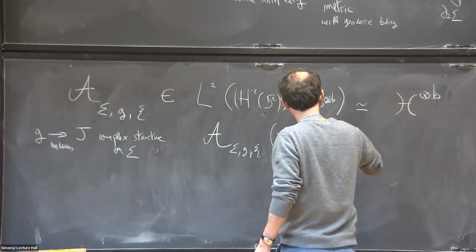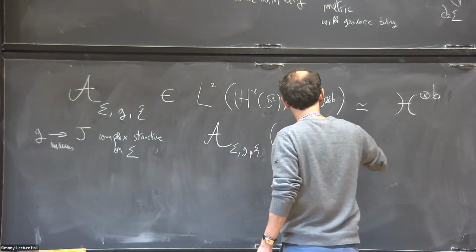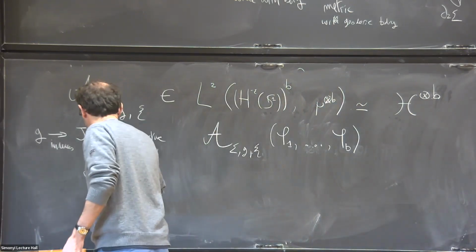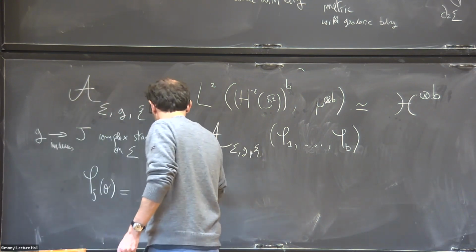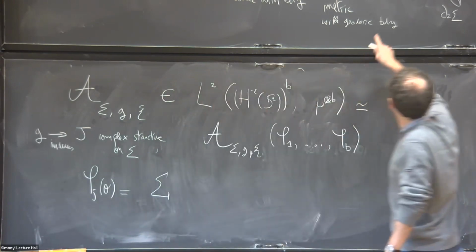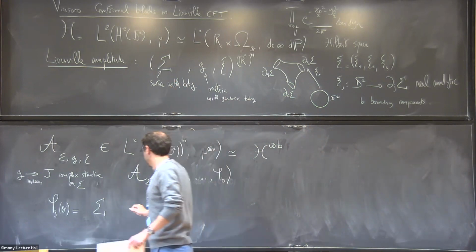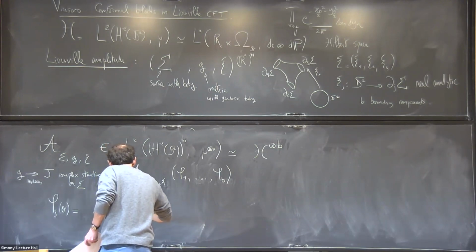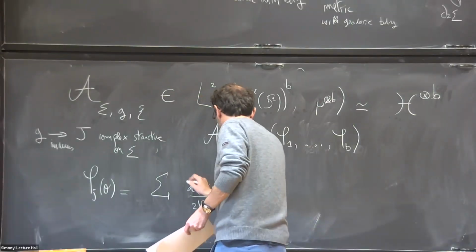I will have to take B fields in general. So remember phi in the talk of Remy, phi j was a random field whose distribution law was given by this mu measure. It's the same formula, root of n and theta.